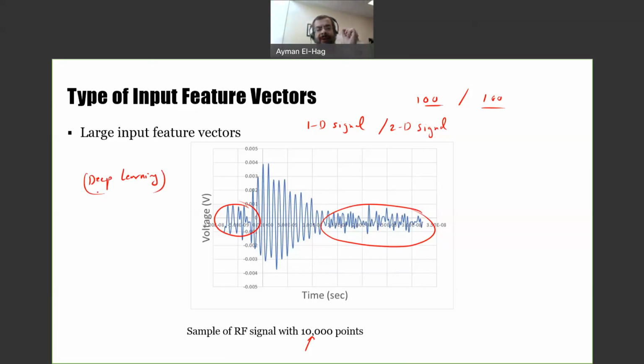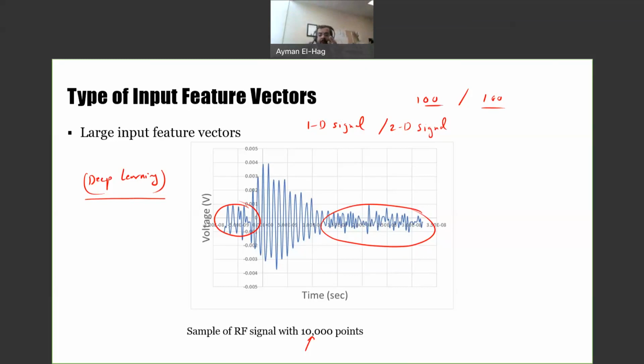But the drawback of deep learning is that you have to feed tens of thousands of signals so that it can construct the machine learning algorithm. We're not talking about deep learning in this set of tutorials. We are talking about classical machine learning, where you have to deal with a limited number of features. So how do we extract the features?